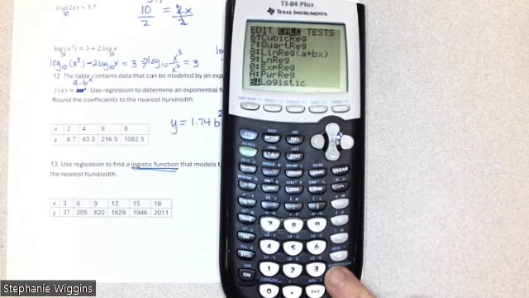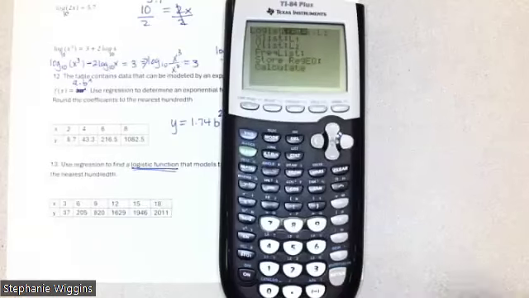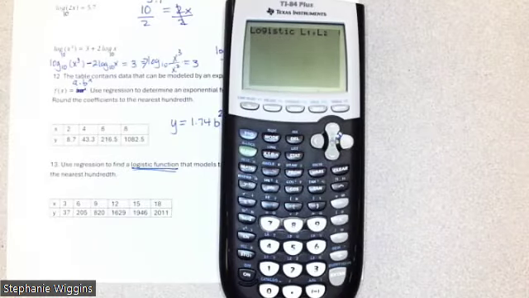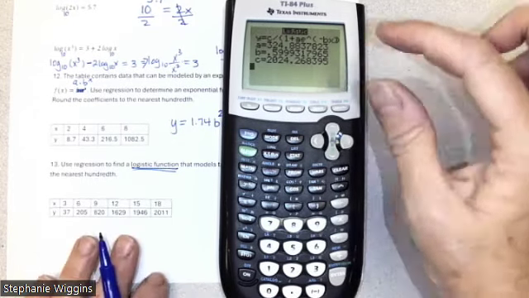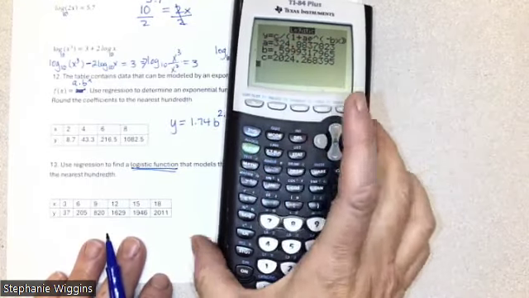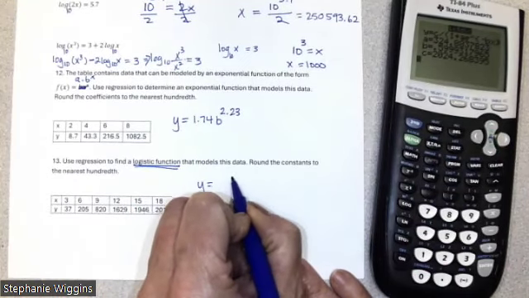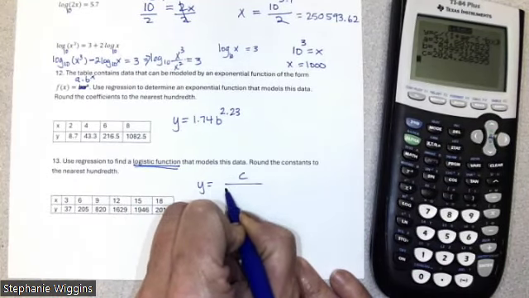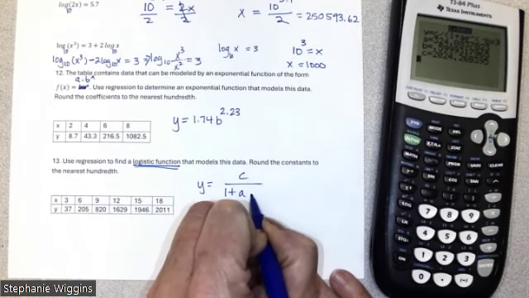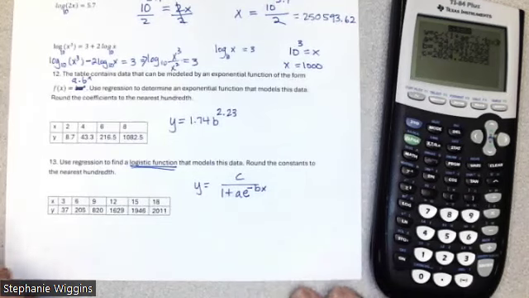So you press enter, go to calculate, and now it takes a little while for it to do that. So it gives you a, b, and c. And the logistic model, it gives you the equation up here. It's y equals c divided by 1 plus a e to the minus bx.